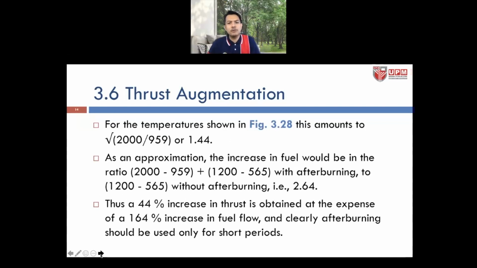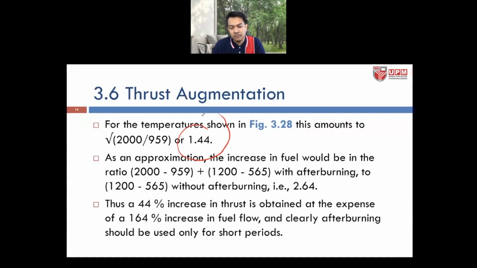For the temperatures shown in figure 3.28, this amounts to the square root of 2000 Kelvin over 959, which you will get to be 1.44.